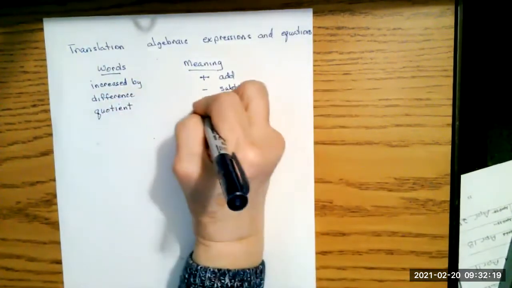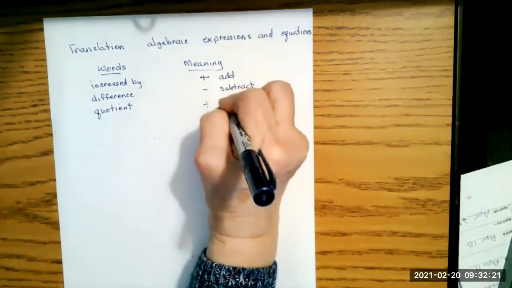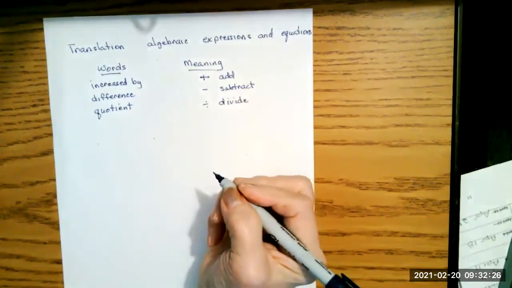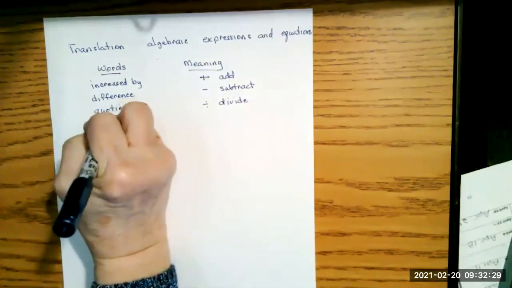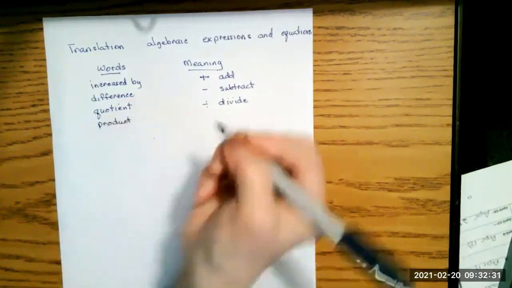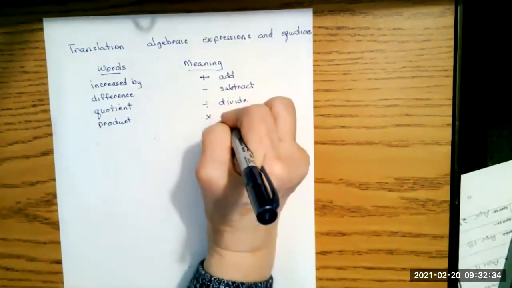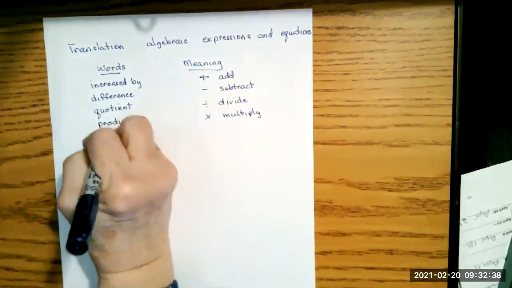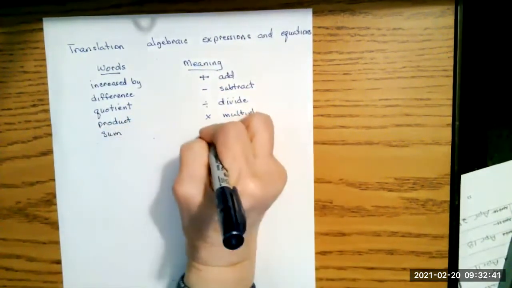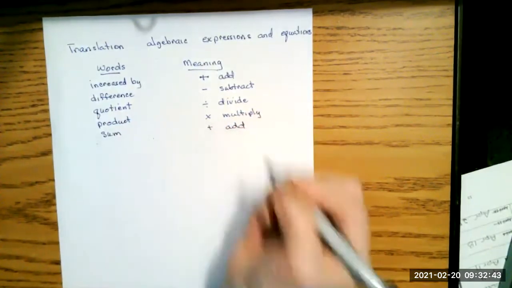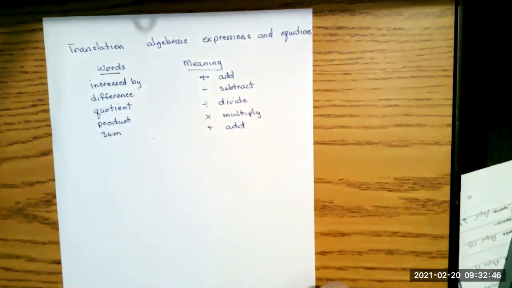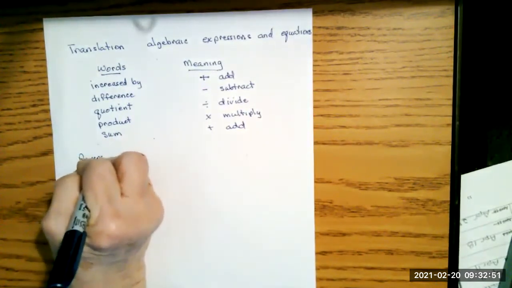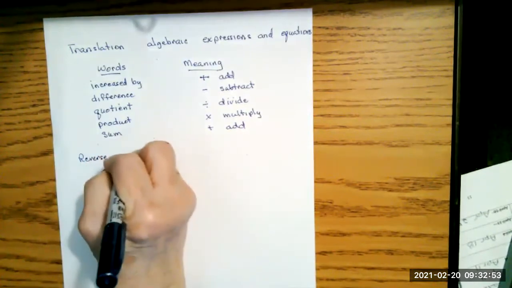Quotient. Quotient means the answer you get when you divide. Product is the answer that you get when you multiply. And sum is another word that we use sometimes to add. There are several of these that reverse expressions.